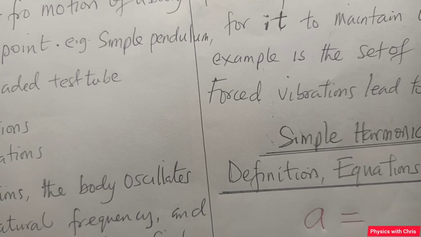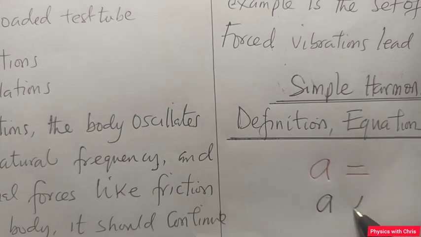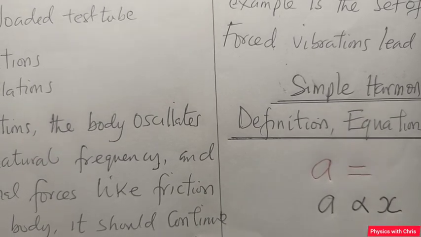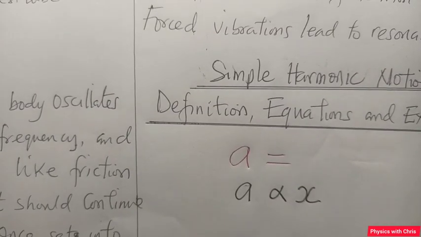So the acceleration is related to the displacement. Okay, so we can write this in symbols: the acceleration A is directly proportional to the displacement x. We use x to represent the displacement of the body from the fixed point, and also the acceleration is directed towards the fixed point.